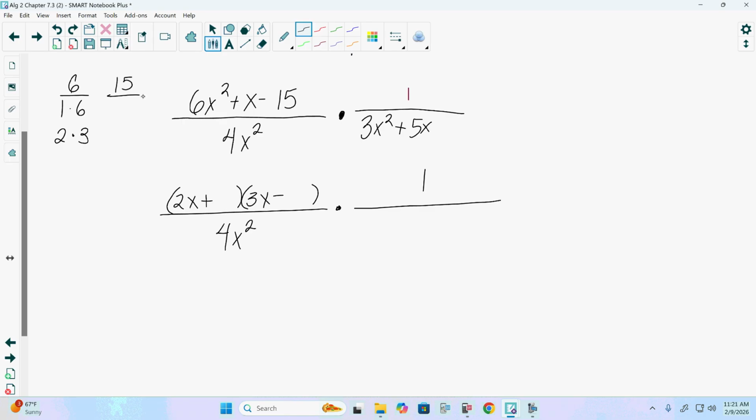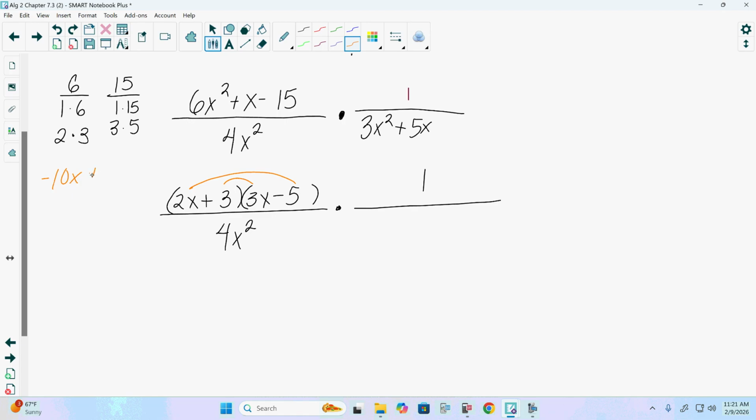Now our factors of the third term, factors of 15, are 1 and 15 or 3 and 5. Which one do we want to try first? 3 and 5. Do we want to put the 3 with the plus or with the minus? Plus. And then we can check and make sure we got the correct factors. 2x times negative 5, 2 times negative 5 would be negative 10x.